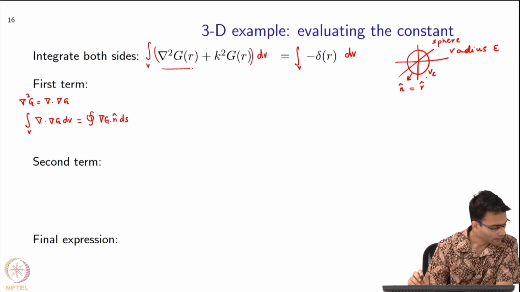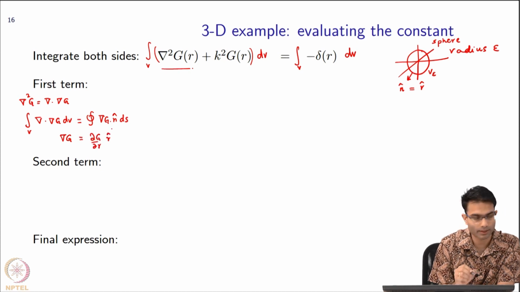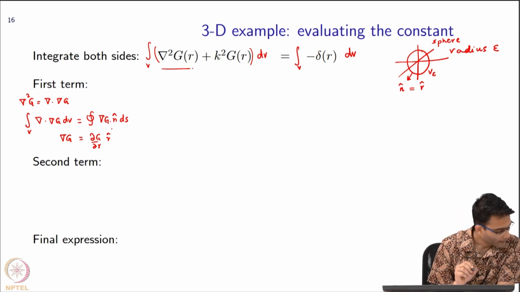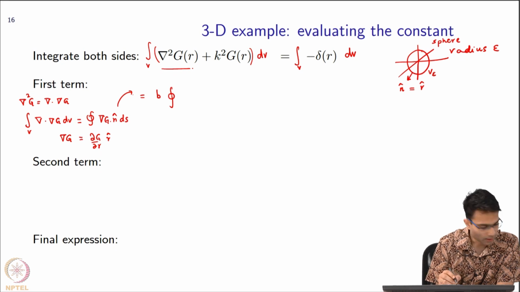Okay. Grad g, again this is only an r dependent problem. So this is only going to give me del g by del r, in the r hat direction. Okay. So what do I get from the first term over here? My constant b will be there over the surface, grad g, right. So what was my g?